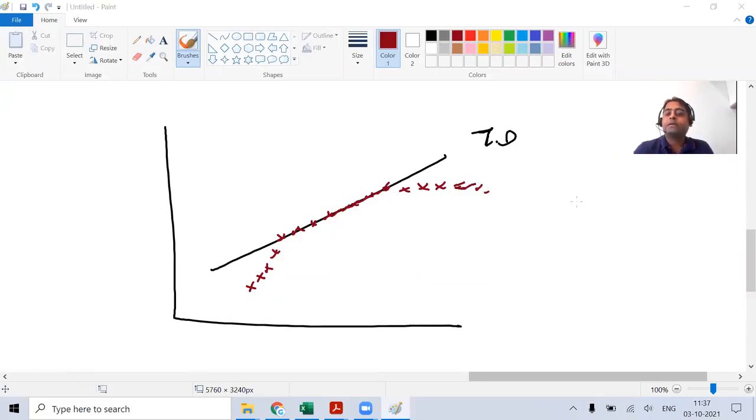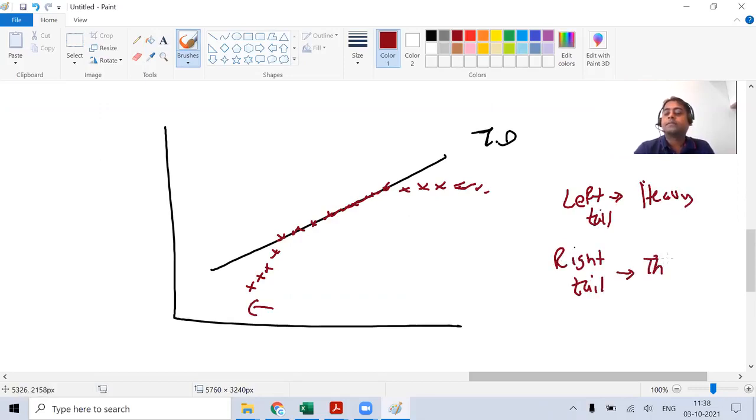My left tail, which is represented by this, is heavy. But my right tail is thin or light. Is everybody able to understand that? All good?